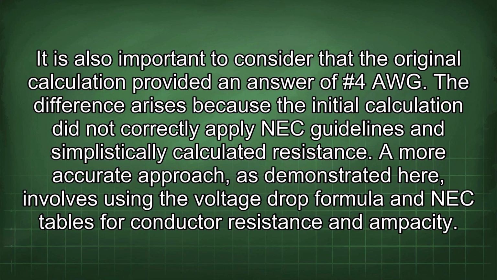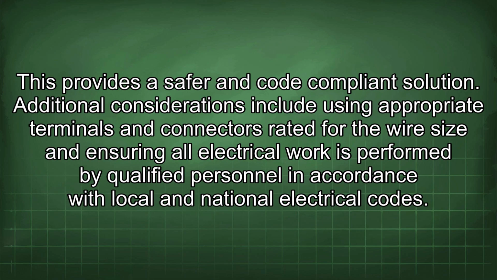The difference arises because the initial calculation did not correctly apply NEC guidelines and simplistically calculated resistance. A more accurate approach, as demonstrated here, involves using the voltage drop formula and NEC tables for conductor resistance and ampacity. This provides a safer and code-compliant solution.